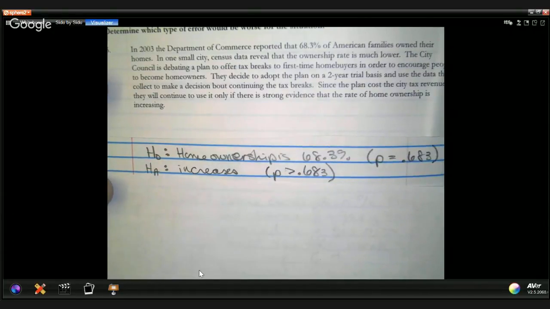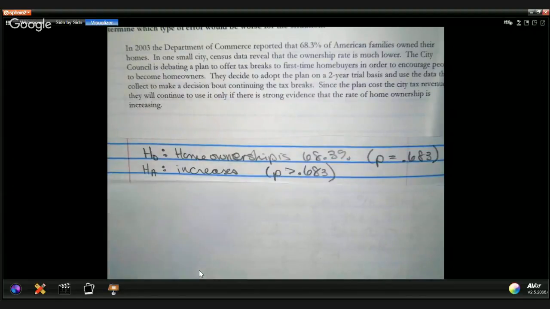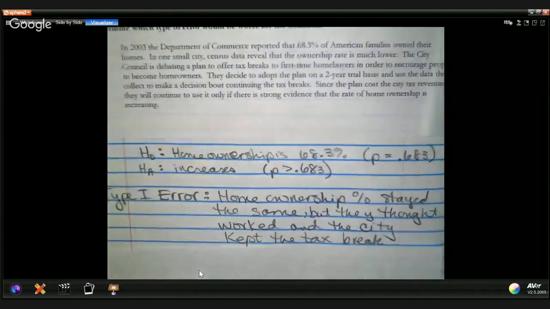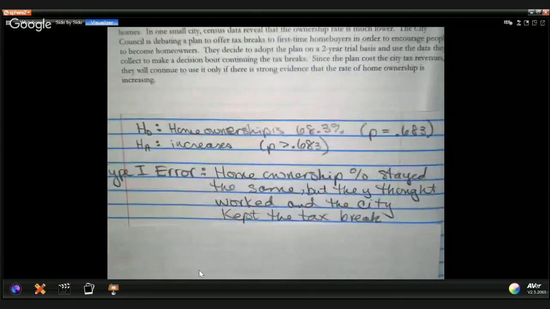Now, remember a type 1 error is when there's no difference but you think that there is. So for a type 1 error, home ownership stayed the same, but you thought it worked, and so the city kept the tax break. Home ownership did not increase, but the city manager and the office thought that it did, so they kept the tax break.